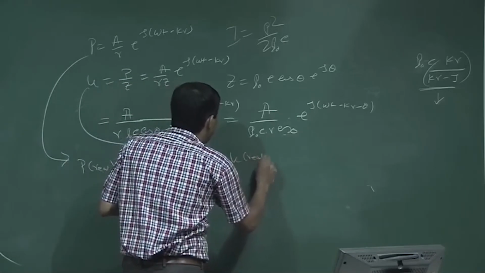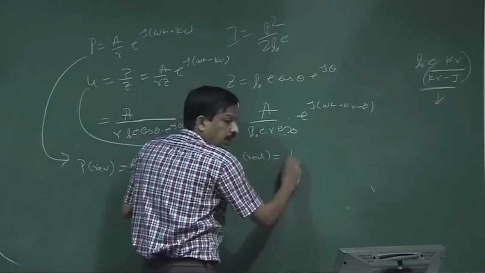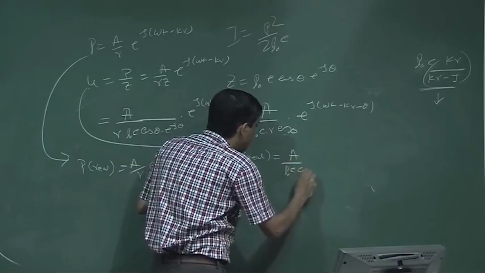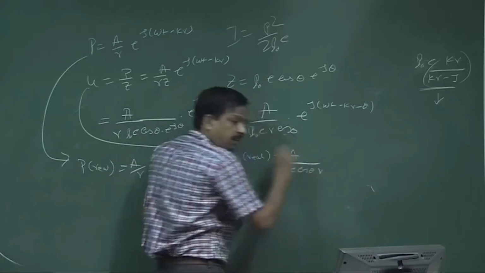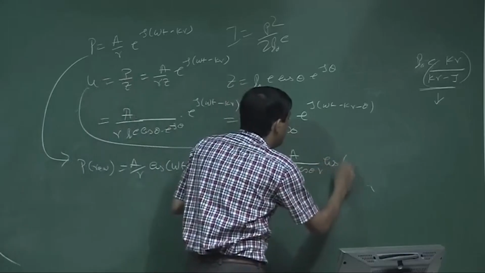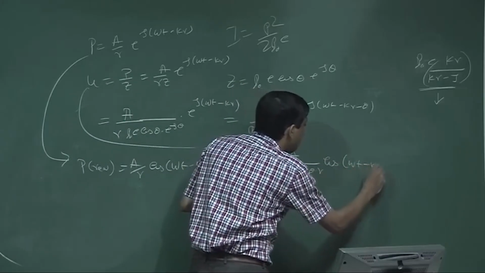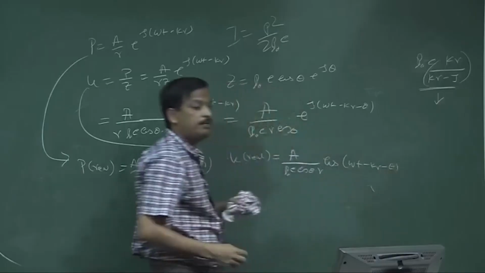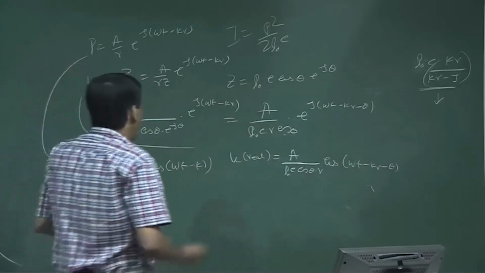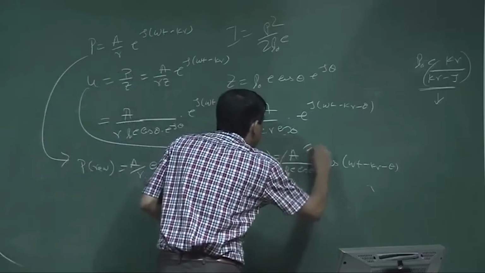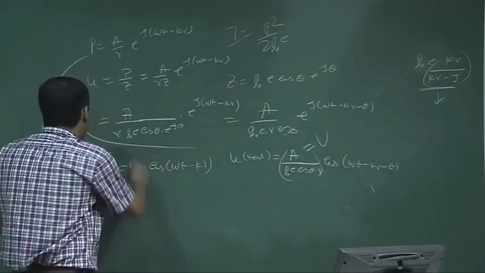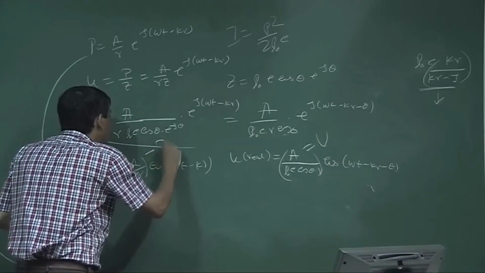The real part is A by (rho 0 c cos theta r) into cos(omega t minus kr minus theta). Let this term be capital U and this term be capital P.